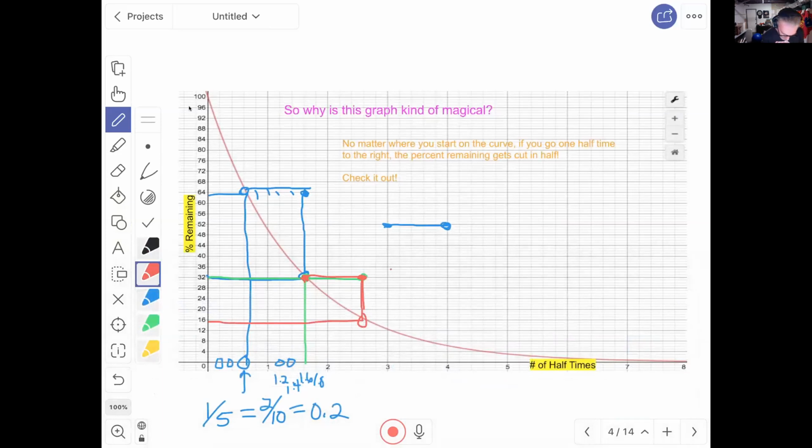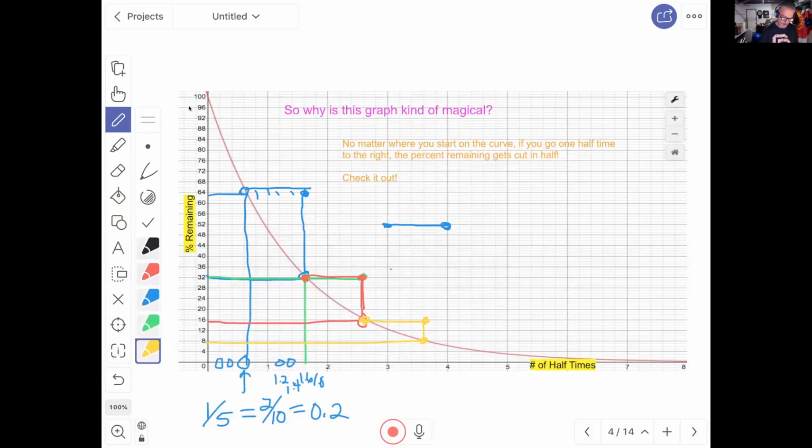Let's do it again. Do I have another color? Let me try yellow. We go over 1 half-time to the right to 3.6. And now we're down here. And what is that? Oh, that's 8, half of 16.